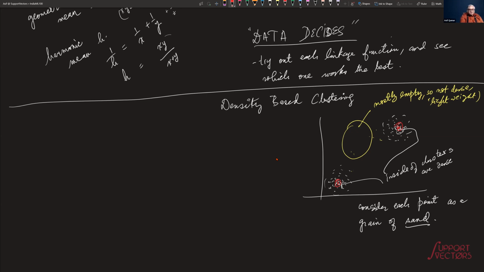Just remember the main intuition: you simply find places which are heavy in the feature space, where a lot of sand has accumulated. You can sort of weigh, in some sense, or get a sense of the density of the region, and from that, you can discover where the clusters are. Does that intuition make sense, guys?